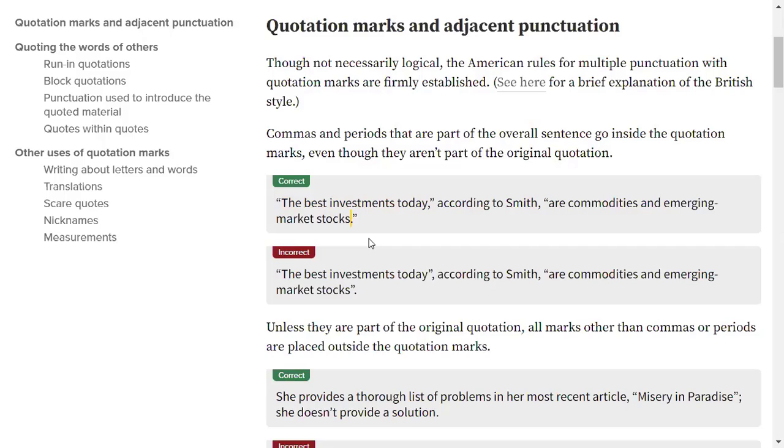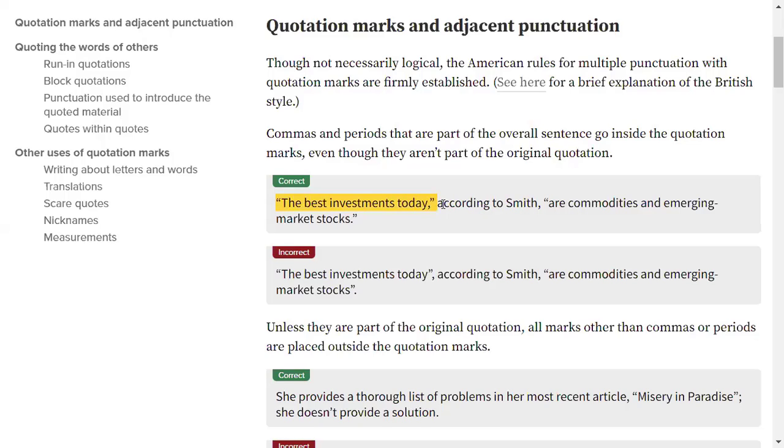When we write longer sentences, we try to tell earlier who is saying this. So here we have given the name, according to Smith, meaning Smith is saying this, I'm not saying this. The best investments today, according to Smith, are commodities and emerging market stocks. Here you see that I broke the sentence, and I had to put a comma here, and here you see quotation marks because these are not my words.